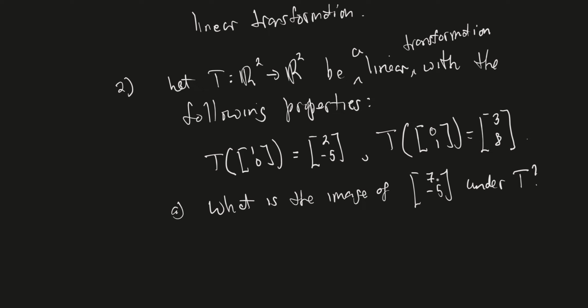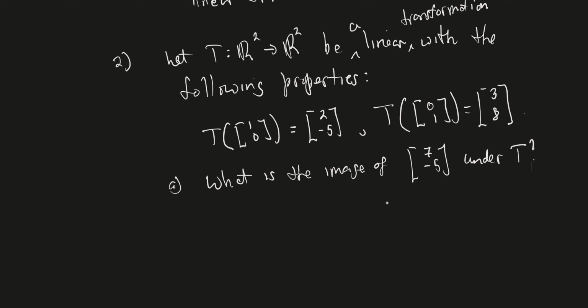In other words, I can write (7, -5) as a linear combination of (1, 0) and (0, 1), and then take the transformation of that linear combination to get this result. So this is how it works. We want to find the image of (7, -5).